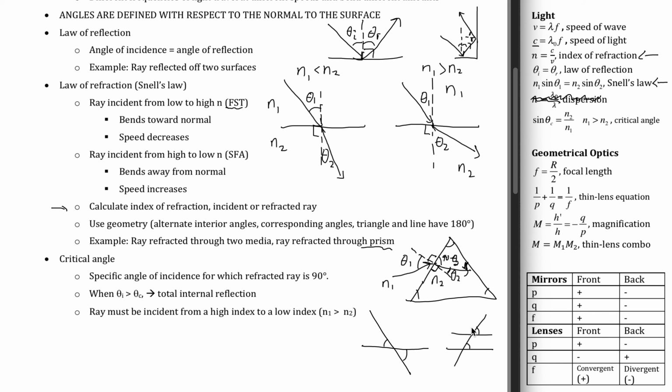And that means that these angles here are also the same. And likewise, you should also know that these angles here are also the same. So all these three angles are the same.